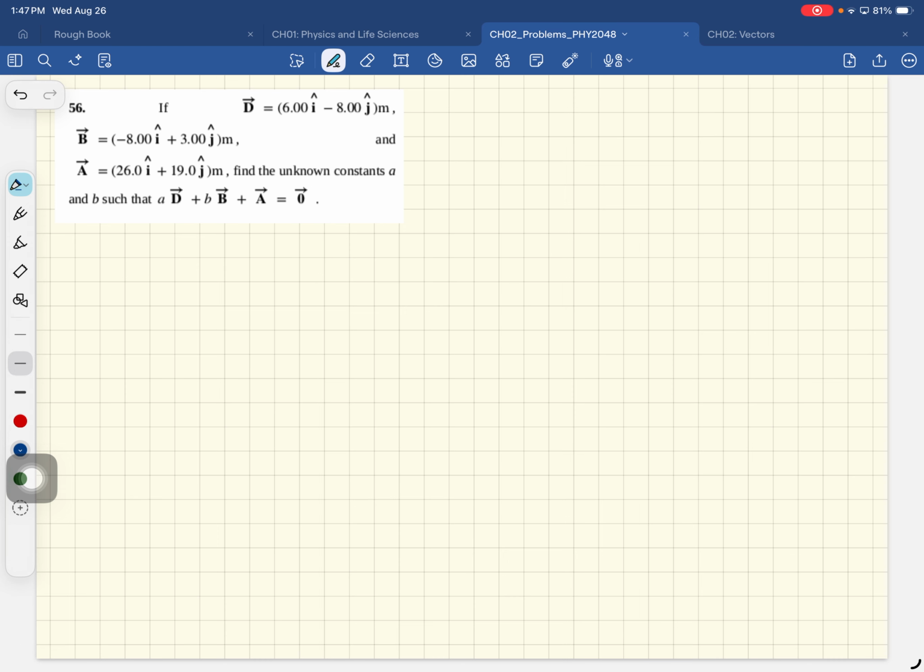So you get 24a minus 32b, and 4 times that is 104. And this is minus 24a plus 9b minus 57.